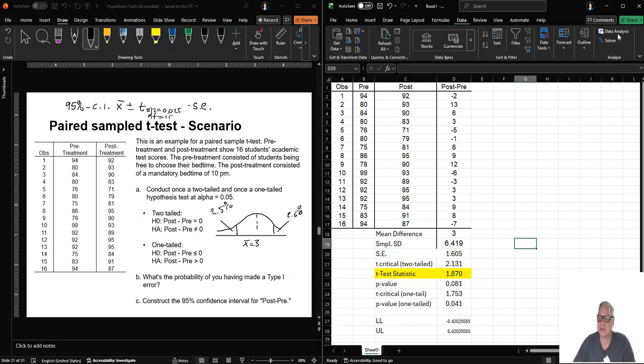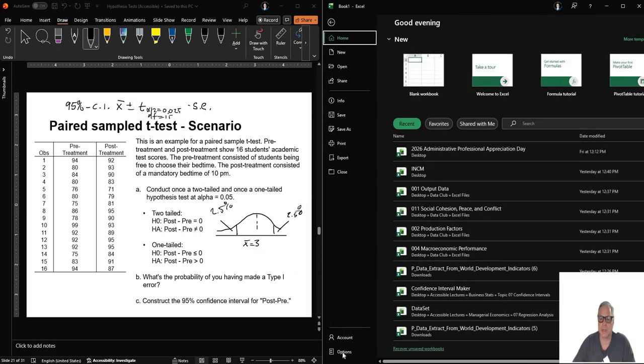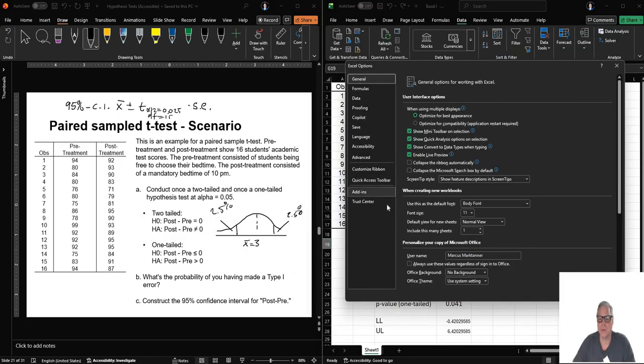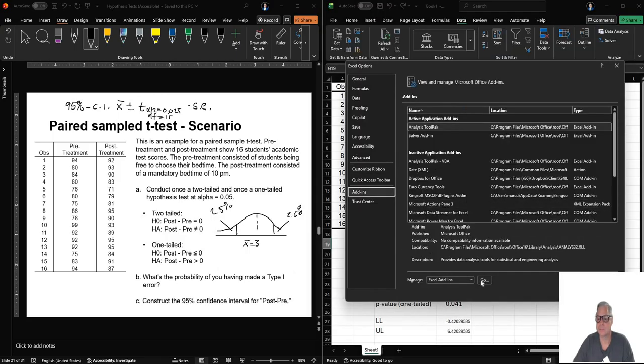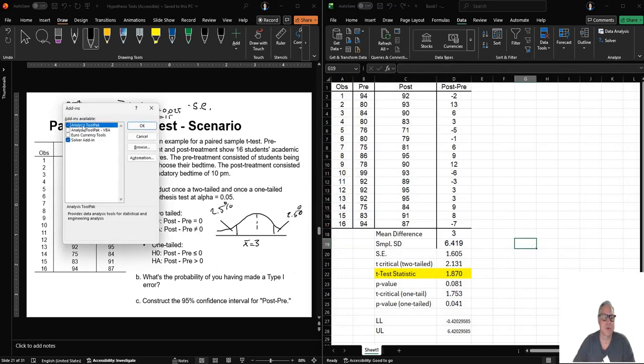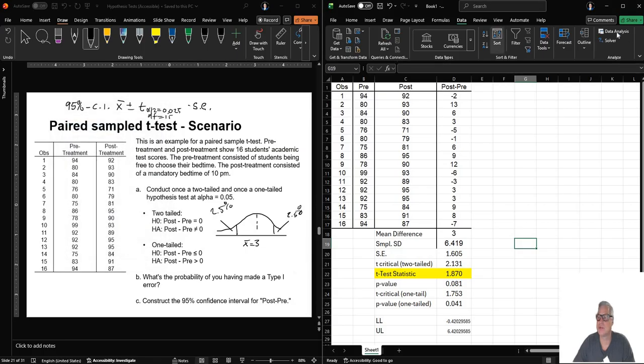So in this case, we go to data, data analysis. And if you don't see data analysis, make sure that you pull it up from options. And then you go to add-ins, Excel add-ins, and make sure that the analysis toolpack is checked.